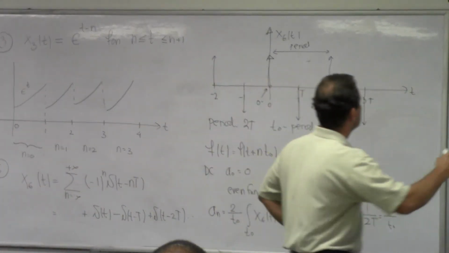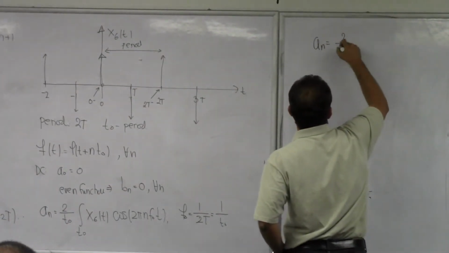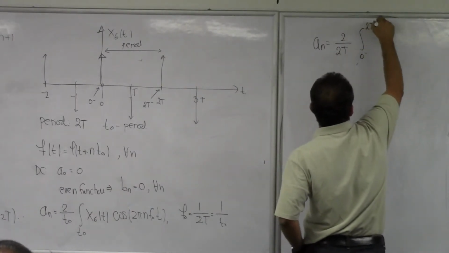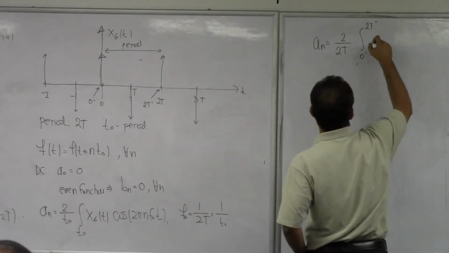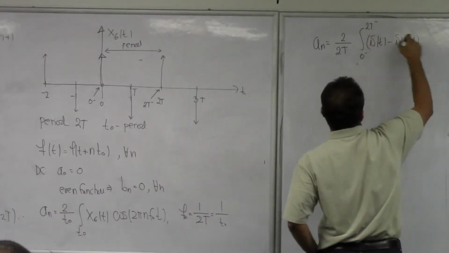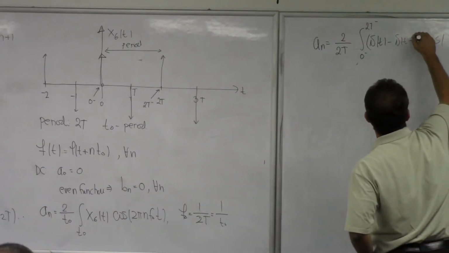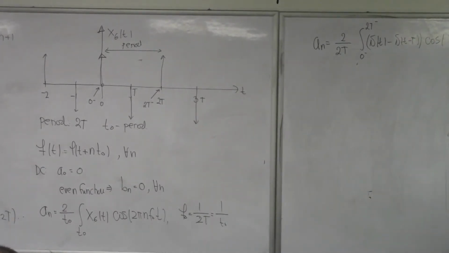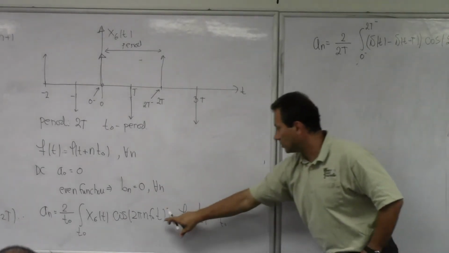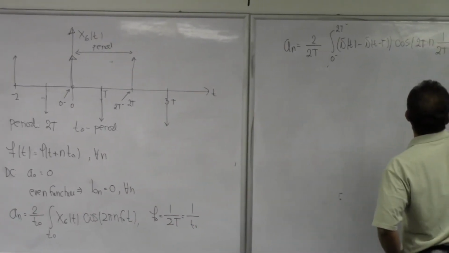So let's just integrate this. An is going to be 2 over 2T, integral from 0 minus to 2T minus of delta of t minus delta of t minus 1 times cosine, oh sorry, not t minus 1, but rather t minus capital T. It's going to be cosine of 2 pi times n, and instead of f0 I can write 1 over 2T, times t.